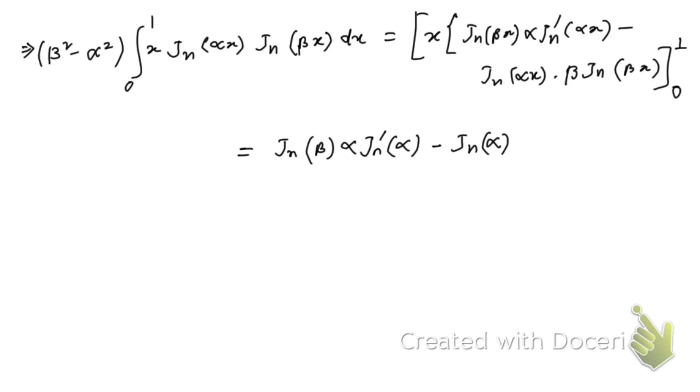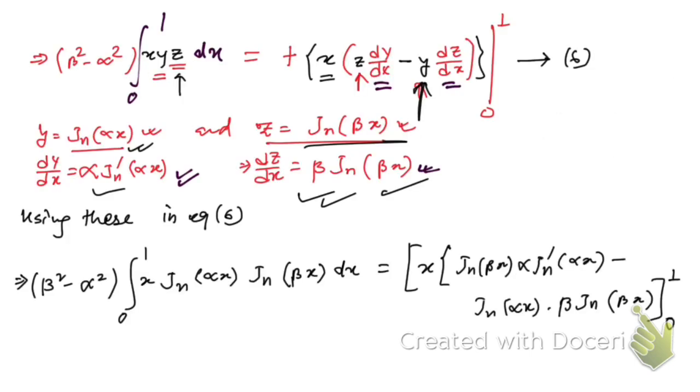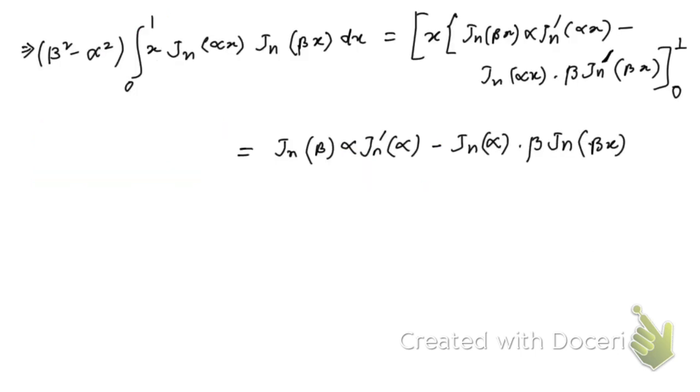Hope you have understood this, into beta Jn dash of beta. So I made a mistake here, it's supposed to be Jn dash, right? So beta Jn dash of beta, that's what we have got. And on putting 0, these terms become 0, so this is the result we have got using the upper and lower limits, right?